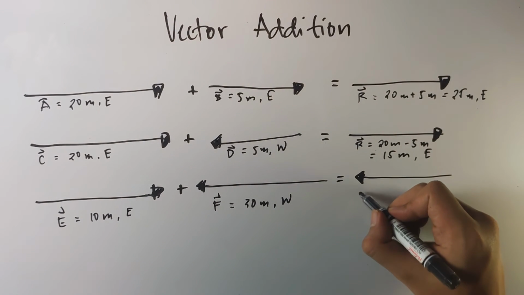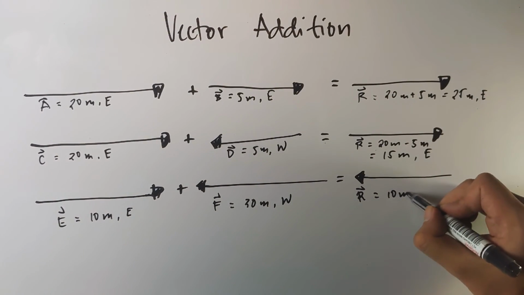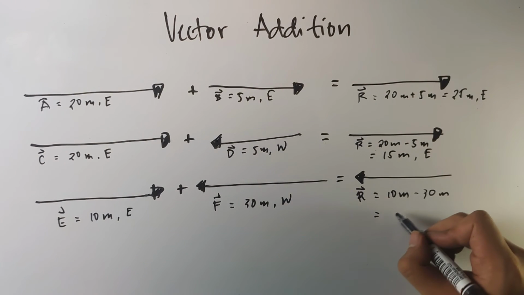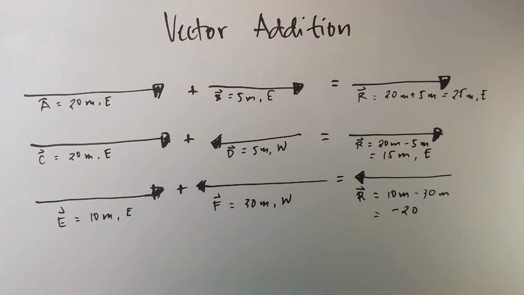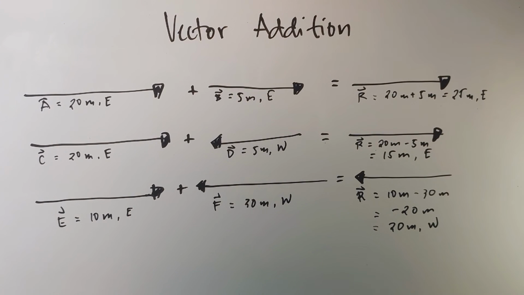For our equation, 10 meters is positive, and this is minus 30, which is equal to negative 20 meters. This indicates that the higher magnitude is the one going to the west. So you just change that and indicate that it's going to the west. So that's it. It's easy. Same thing for going to the north and going to the south.